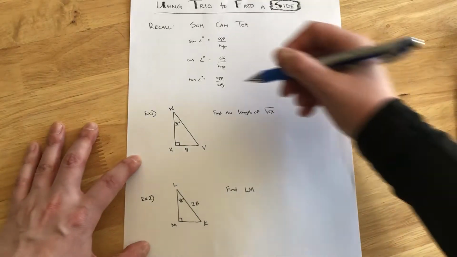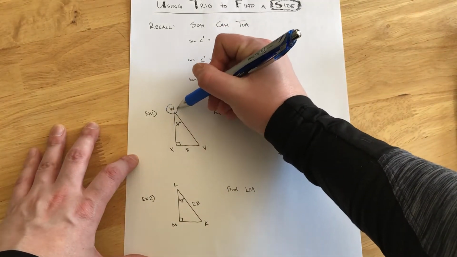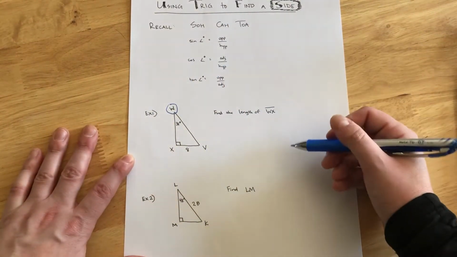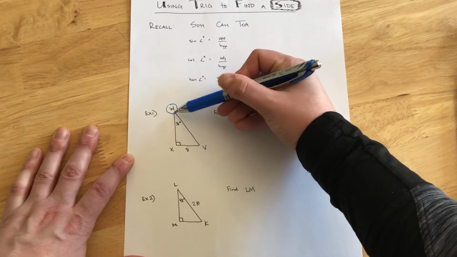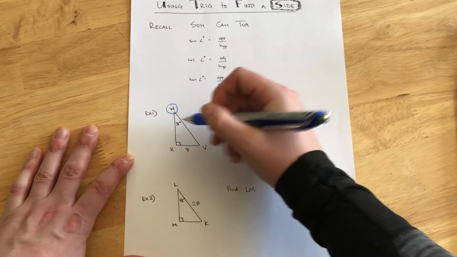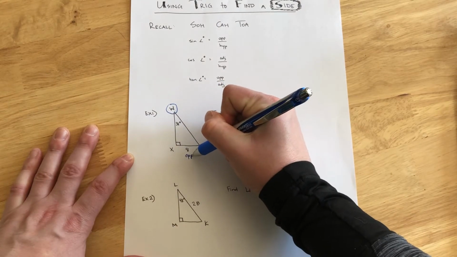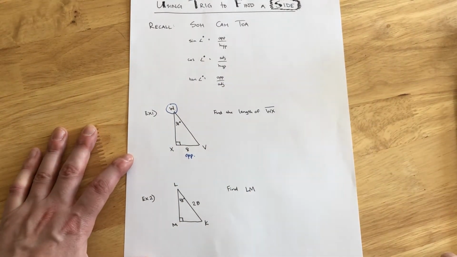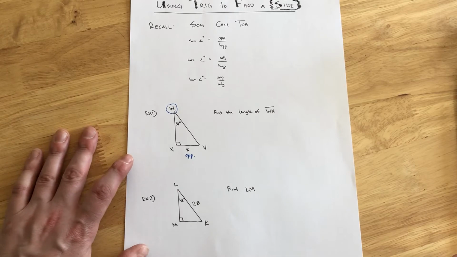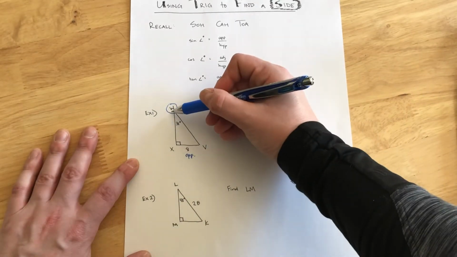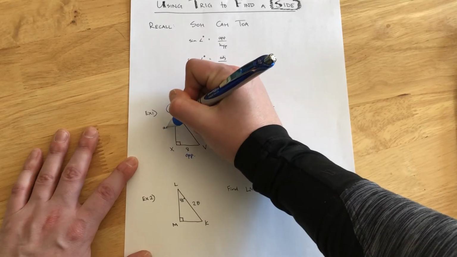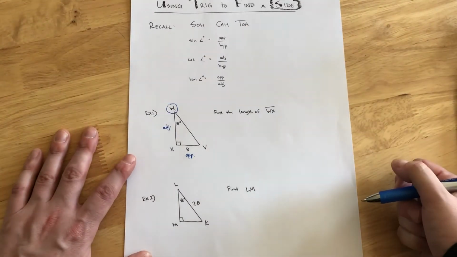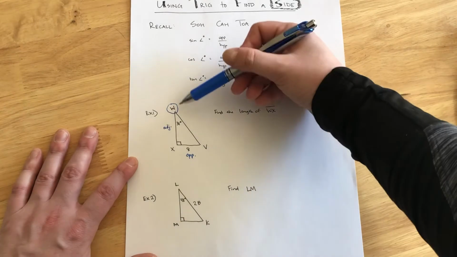From the perspective of angle W, the angle we have that's 31 degrees, the side that is marked 8 is the opposite side from angle W. So I'm going to go ahead and label that opposite. The side that we're trying to find, WX, is adjacent to angle W. We don't have to find the hypotenuse.